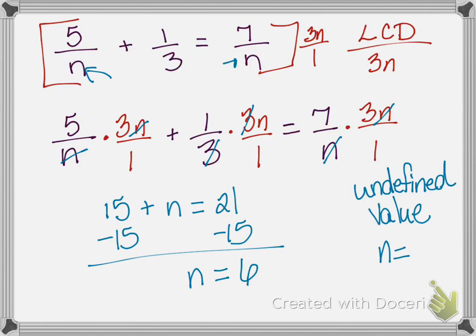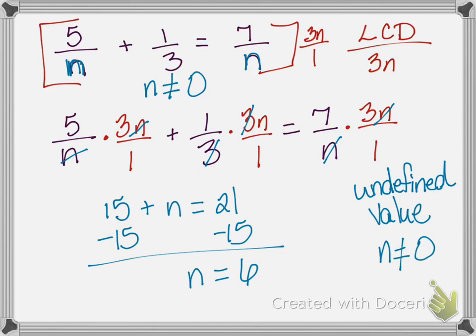If I plugged 6 in for n right here, I would get 7 over 6. So what I have to worry about is a value that makes my denominators equal 0, and the only thing I have in two of those denominators is an n. So the value that n can't be is 0.